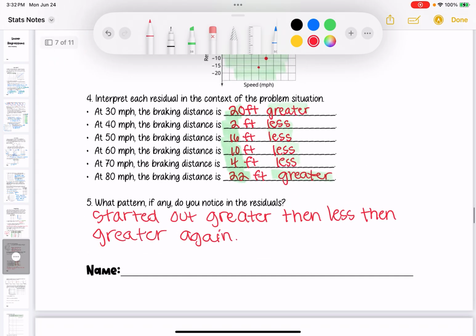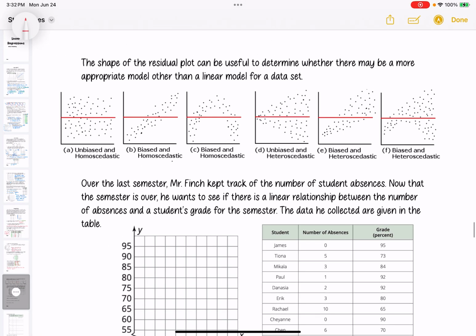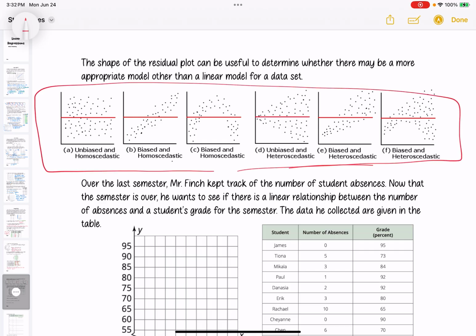All right, next page. The shape of a residual plot can be useful to determine whether there may be a more appropriate model other than a linear model. So these are some examples for you to look at.